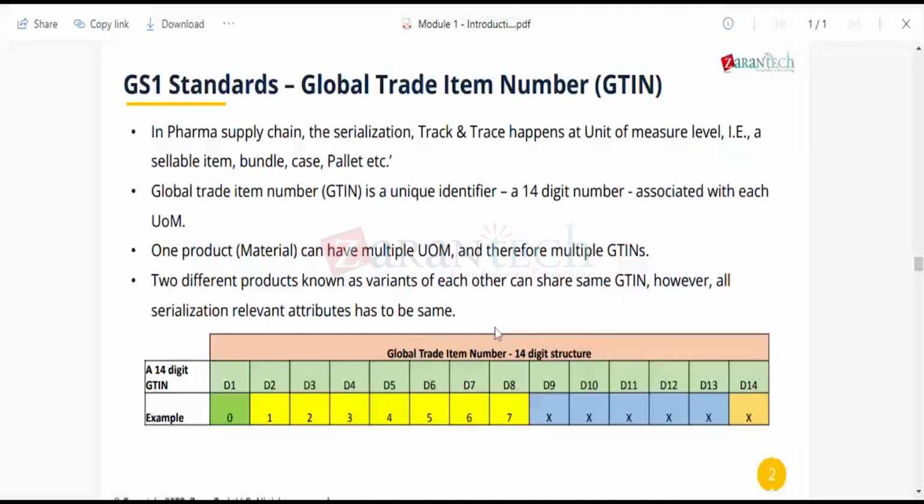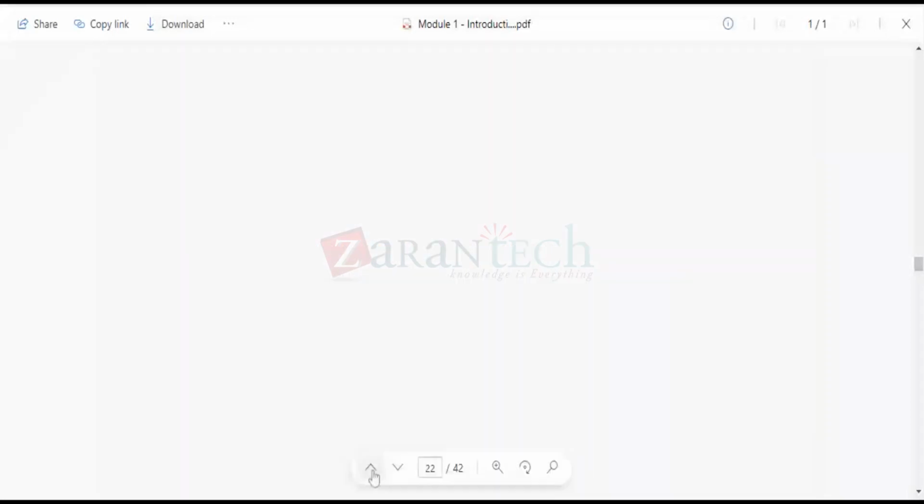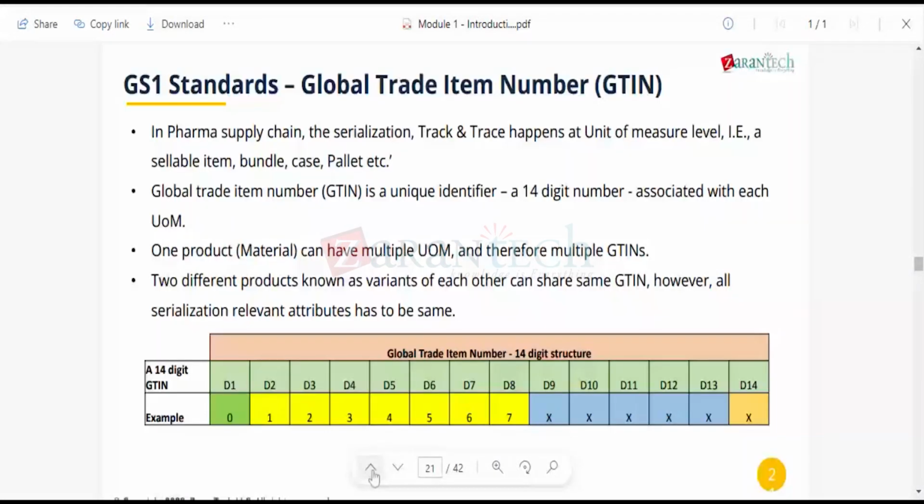The same goes for other cases, because this material number is your own entity. Let's say you have only 10 materials. You don't want a small GCP, you don't want to pay more. You ask GS1 to provide the 9-digit GCP. So you have only 3 digits left, and you can put any number there. It's not necessary that your own material number should be there.